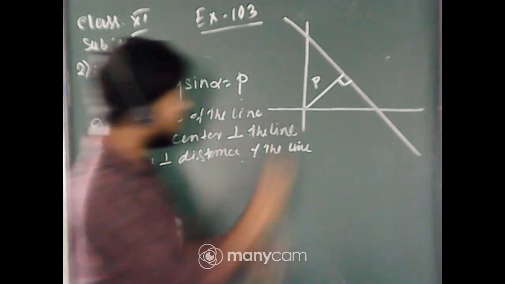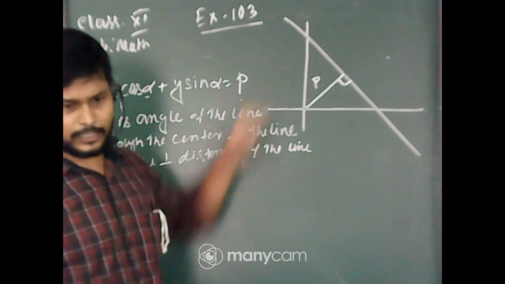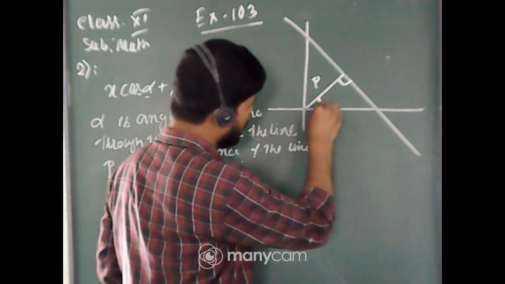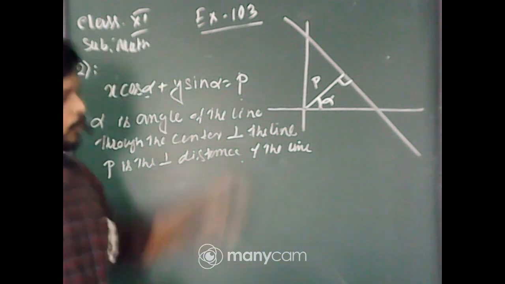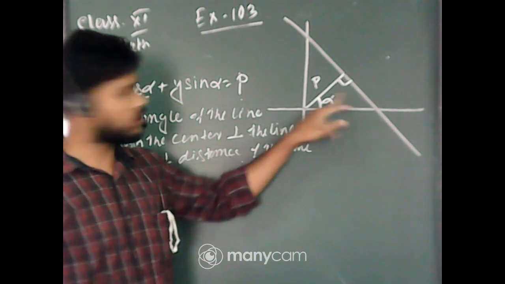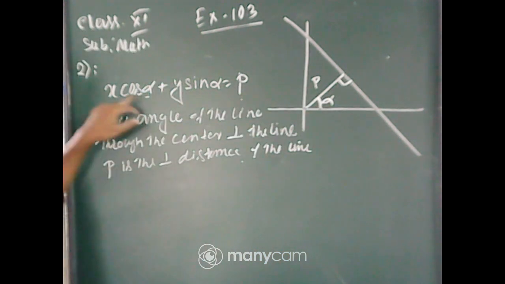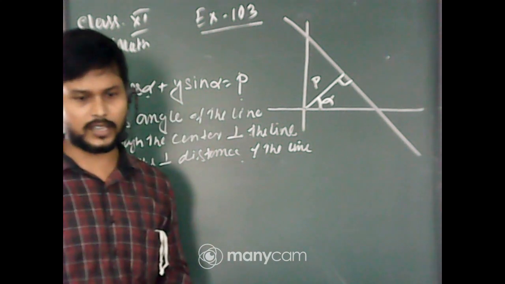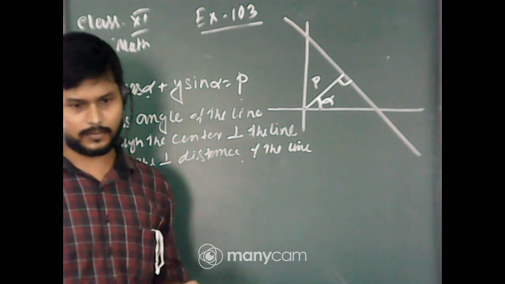The perpendicular distance of the line from the center is p, and if that perpendicular makes an angle alpha with the positive direction of the x-axis, this is alpha. So x cos alpha plus y sin alpha is equal to p is the normal form of a straight line.